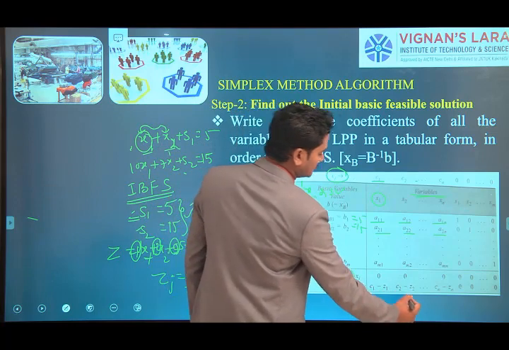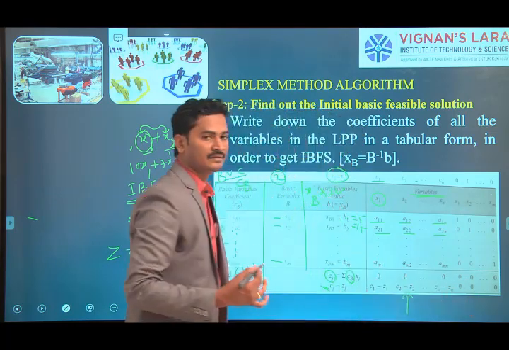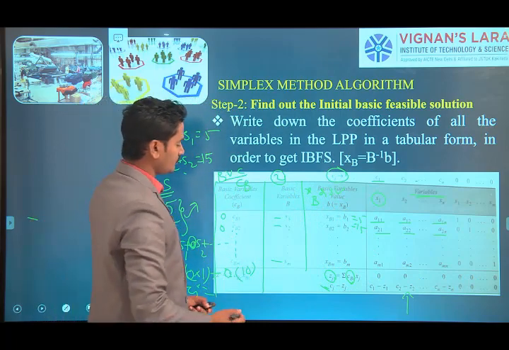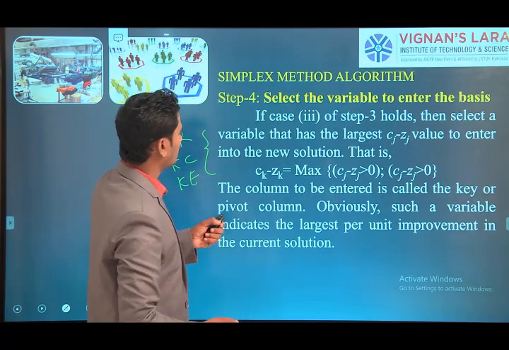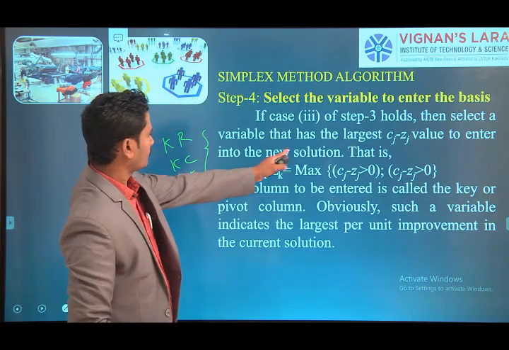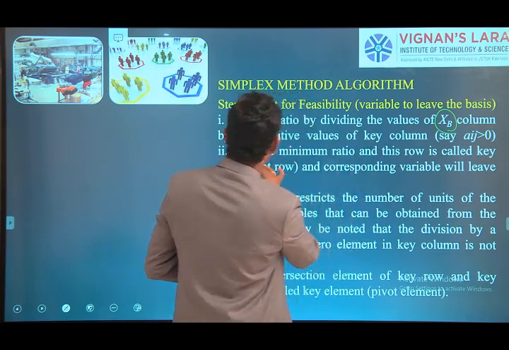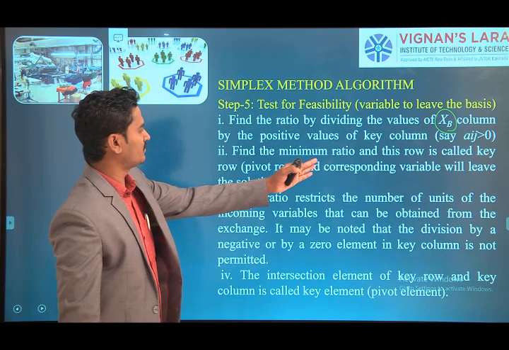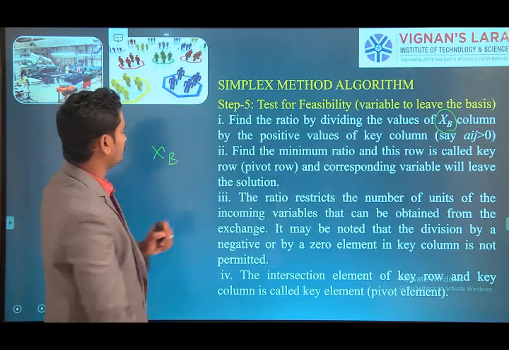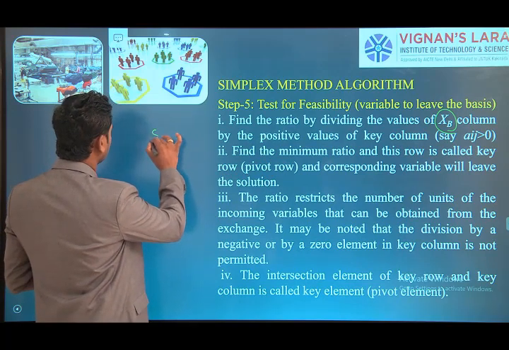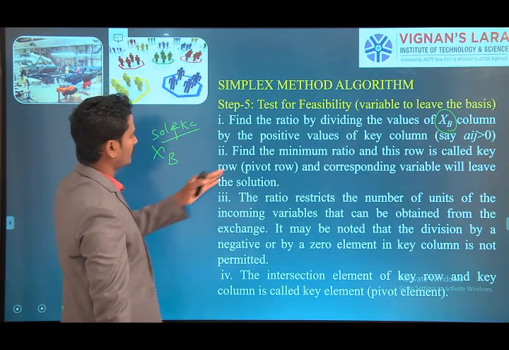In this Cj minus Zj row, the maximum value gives the key column. Divide by the positive values of the key column and find the minimum ratio, that is, XB divided by the key column values, from the solution value and key column.